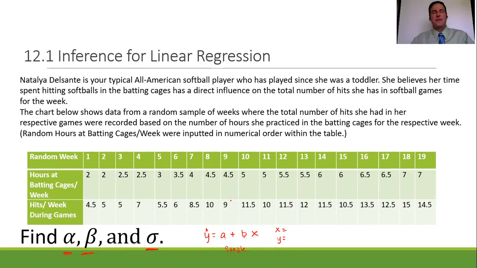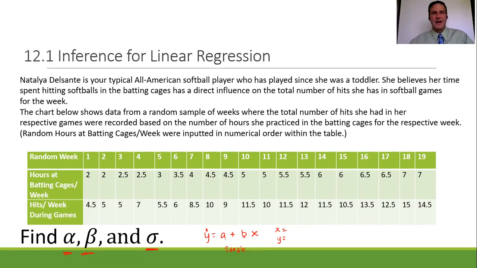However, if I had a population of data, where I considered every single week that she's played softball, that's really hard to find. I can't get records of everything that she has done and place them on this screen to get a population representation of her vertical intercepts and a population representation of her slope.